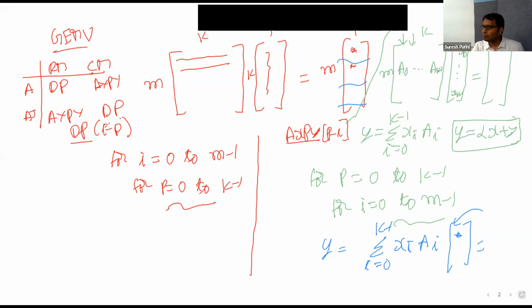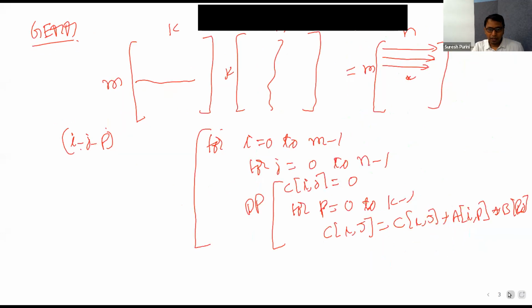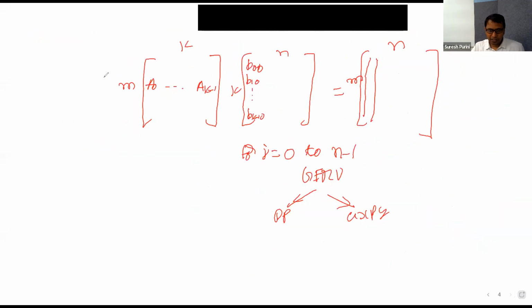DP is characterized by the loop order IP and AXPY is characterized by PI. So we get two versions of matrix multiplication: one is JIP and the other is JPI. These are the two different versions of the matrix multiplication.